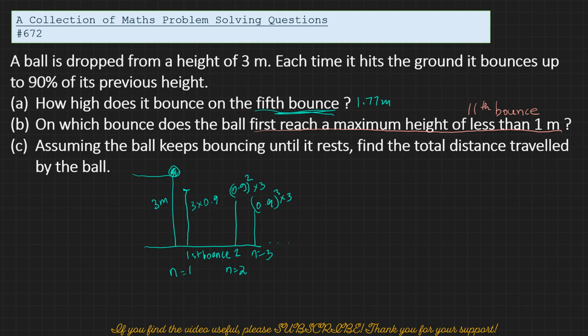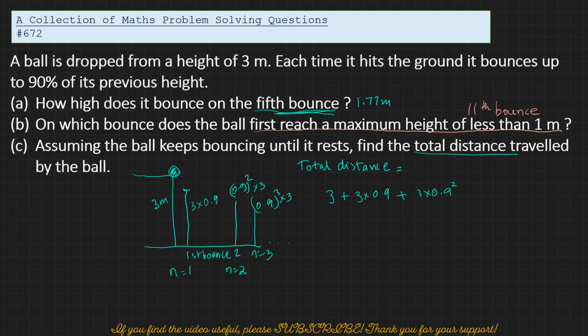So to find the total distance, I can write the total distance equals 3 meters, the first 3, plus 3 times 0.9 plus 3 times 0.9 squared.